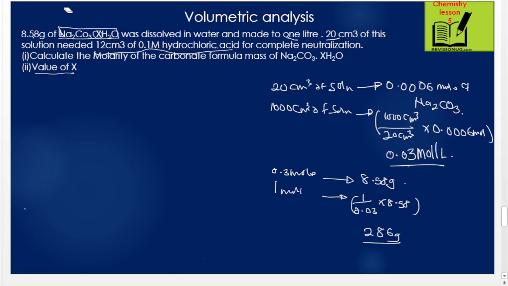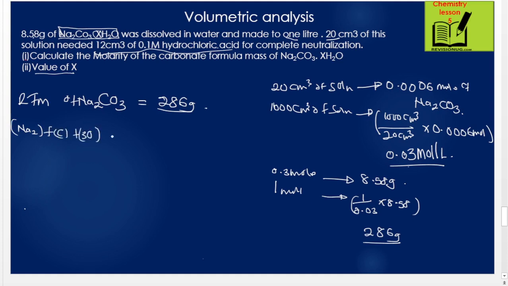Okay, now this means that the RFM of sodium carbonate here is equivalent to 286 grams. So meaning that when you get a sodium atom, 2 of them, plus carbon atom 1, plus 3 oxygen atoms, plus X into water, we get 286 grams.